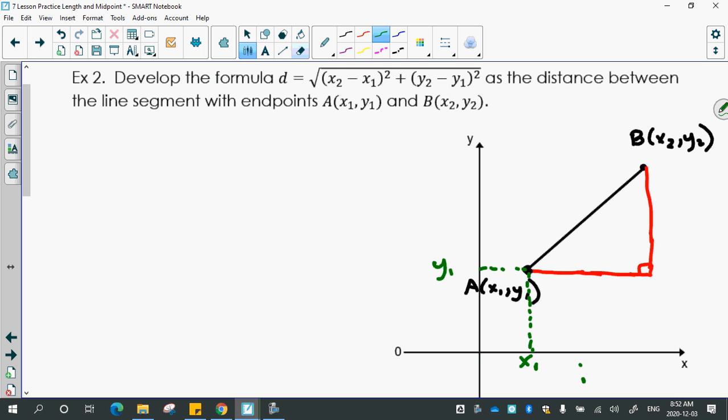And then same thing with this point B, its x value would be x2. So say that was 8, then this would be 8 along the x-axis. And say this was a 9, then this would be y2.